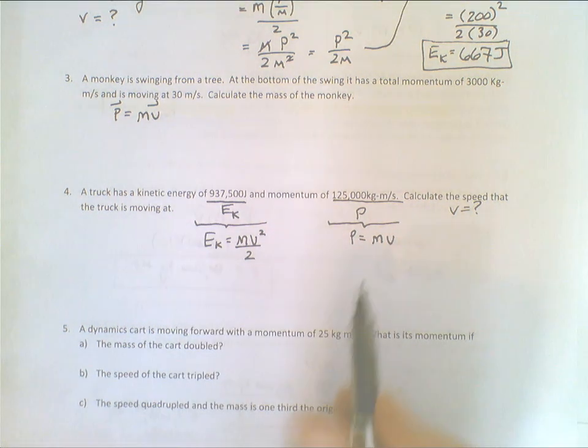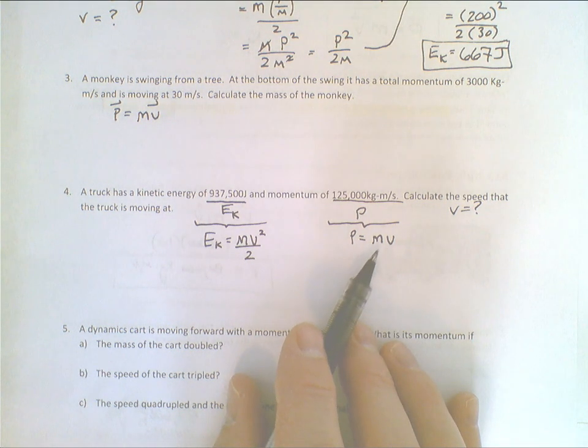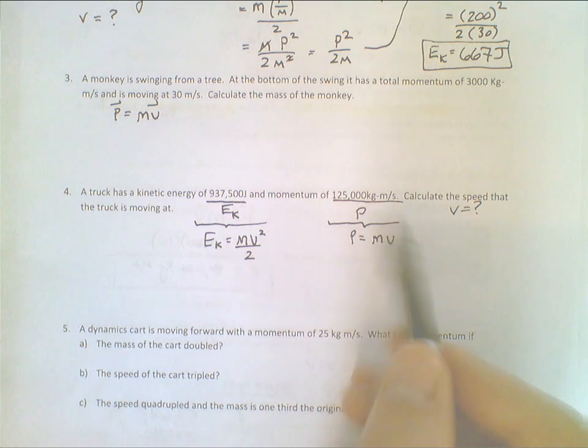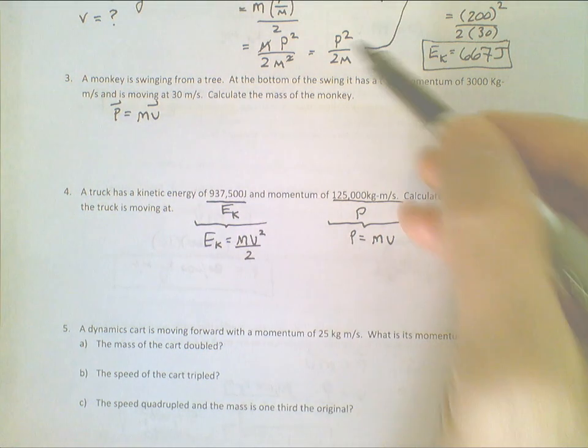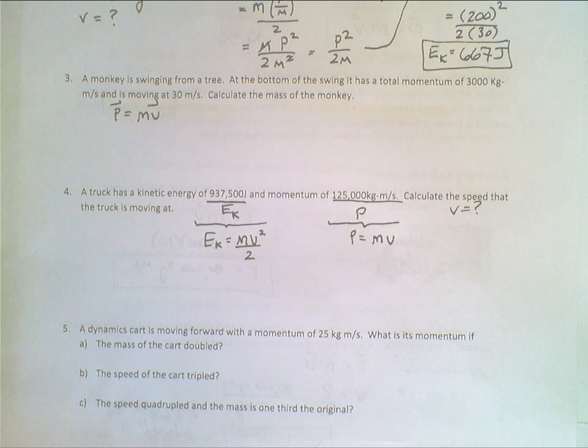And if you do all your little fancy substitutions, actually you could do this, because I think the first thing you're going to need to find is, if you do the substitution like we did before, you can figure out the mass, and then once you have the mass you can plug it back in to get the speed. So that's a neat little problem actually. So I'm going to leave that for you to do. I would urge you to look up here and look at the substitution we did here and then rearrange that formula, and you can find the mass, and then once you get the mass you can figure out what the speed is. Okay, number 5.